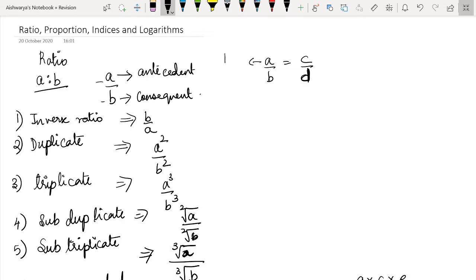So the terms are like this: this is the first term, this is the second term, this is the third term, this is the fourth term.